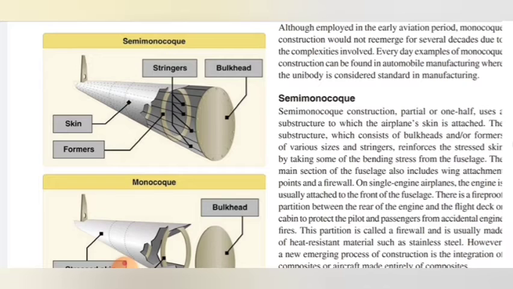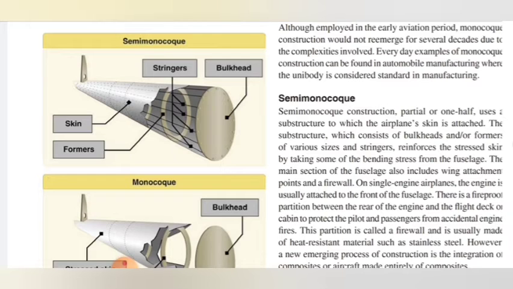The ring is the former, and the skin is the outside structure, and the stringers are the small lines going along the outside of the ring. The stringers give the strength to the semi-monocoque design.